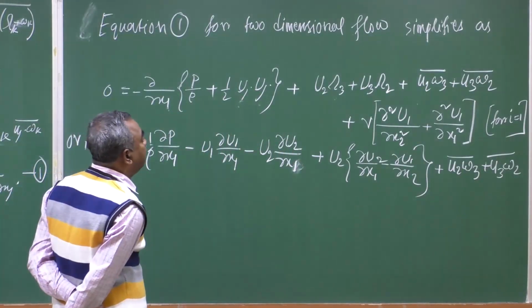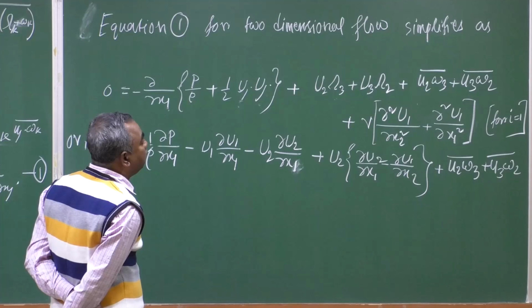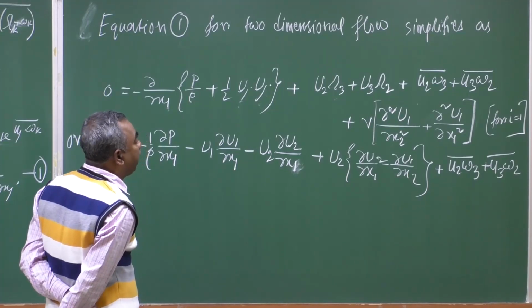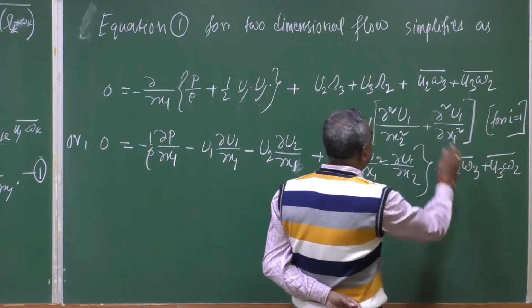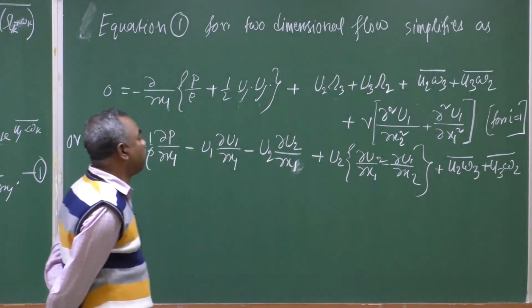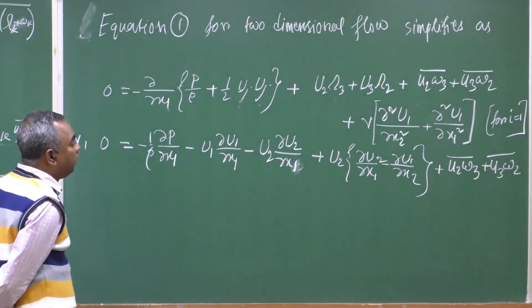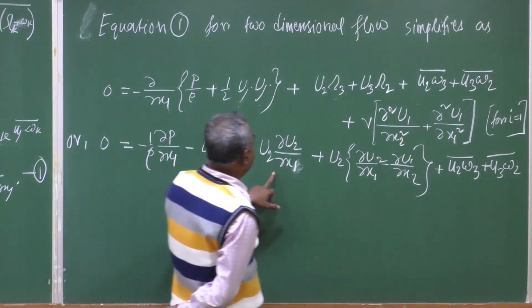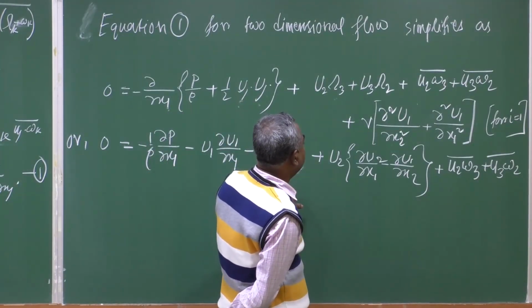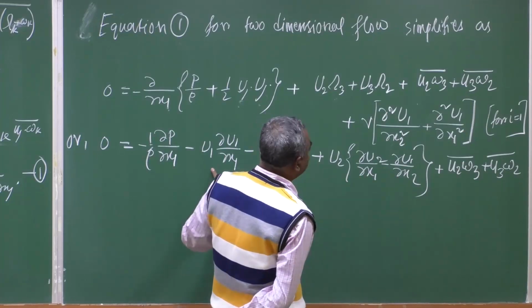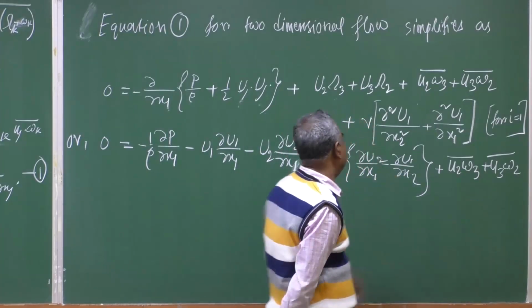So, this is what we can consider, and considering the viscous part of this equation is negligible, then you see this particular term is going to cancel out with this. Okay. So, we will be left with this term and this term plus these two terms. Okay.